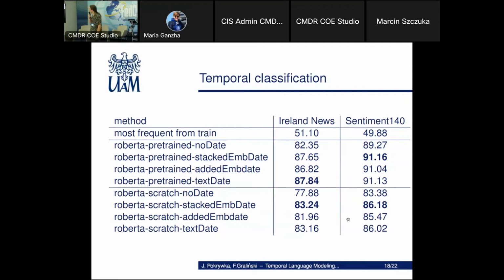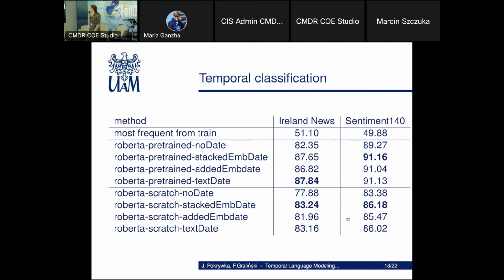We also can see that the difference between RoBERTa pre-trained stacked embedding date, added embedding date, and text date is not very big. For Island News, the best is text date. In Sentiment 140 it is embedding date, but the differences are not huge.